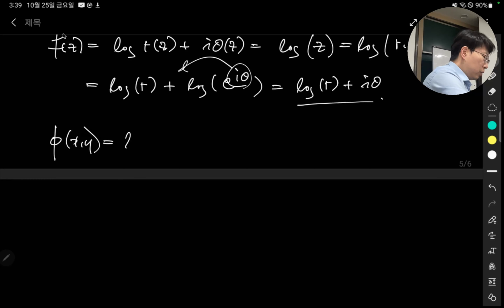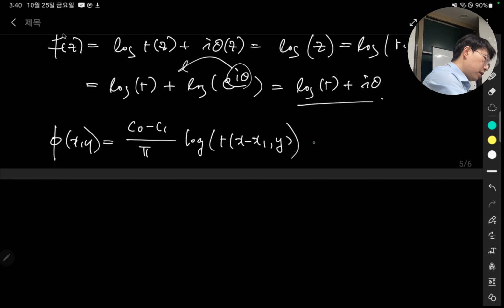So this is going to be c0 minus c1 over pi times log of r of (x minus x1, y), plus c1 minus c2 over pi times log of r of (x minus x2, y).